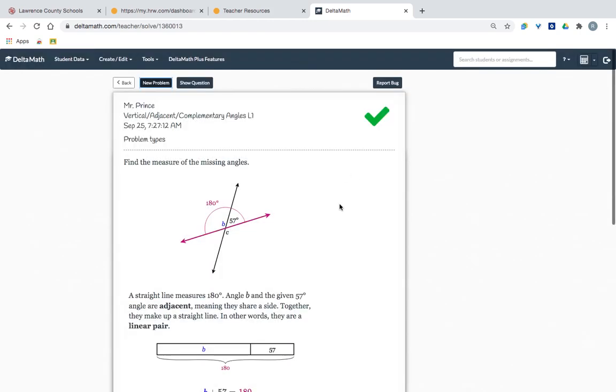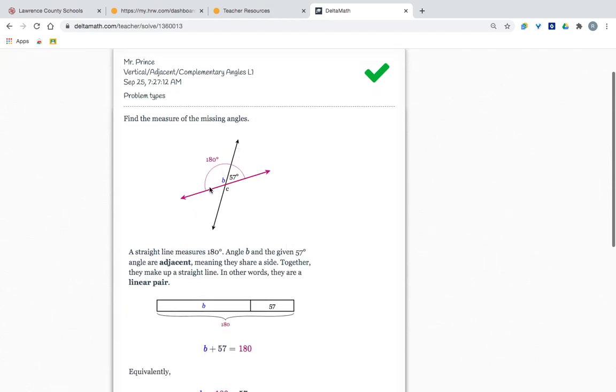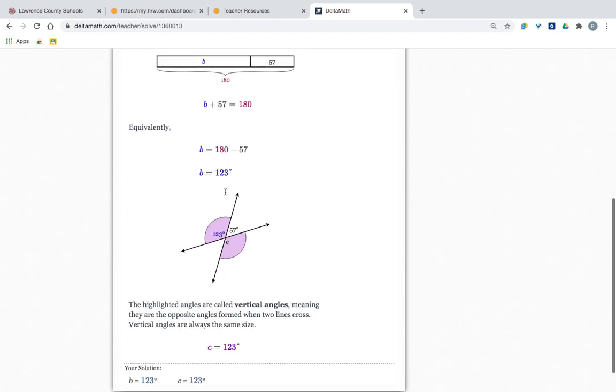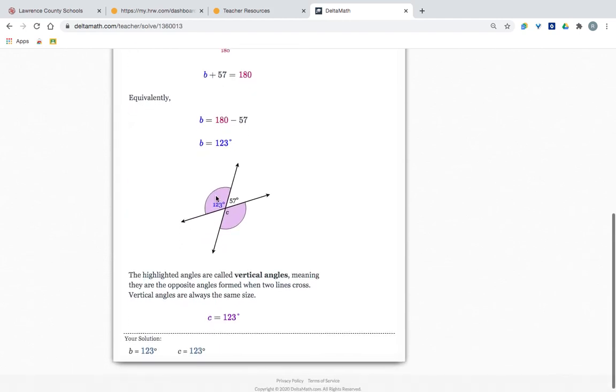So let me submit that. It's true. Now it's showing me this whole line is 180 degrees. 180 minus 57 gives us 123. Then it shows me the same thing for C. Only this time it shows you don't actually have to do the math again for C, because we know that this is 123, so the vertical angle across from it is also 123 degrees.